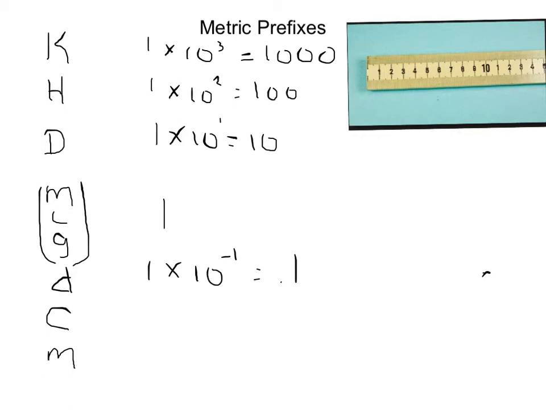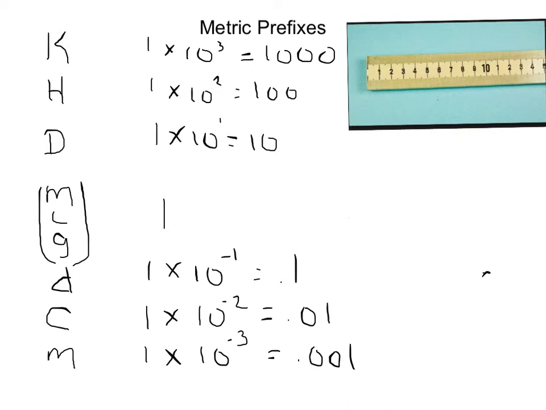And 1 centimeter, right here on this meter stick, is written like this: 1 times 10 to the negative 2. This gives us 0.01 meters. And finally, if we're looking at millimeters, the tiny lines between the 0 and the 1, it is written like this: 1 times 10 to the negative third equals 0.001. 0.001 meters is 1 millimeter.